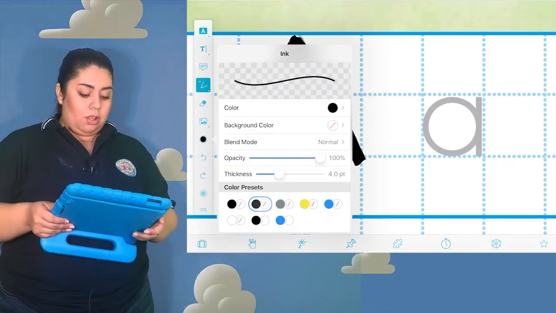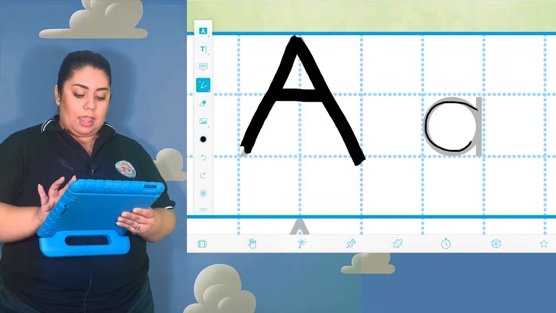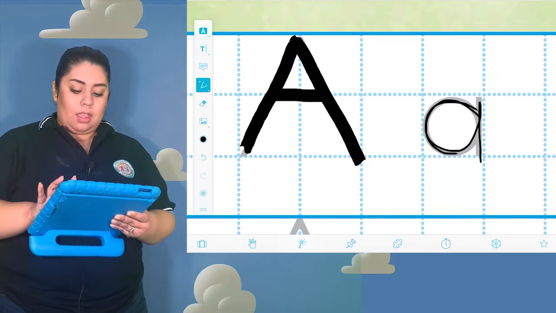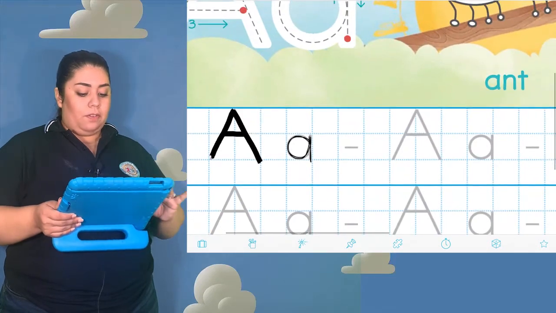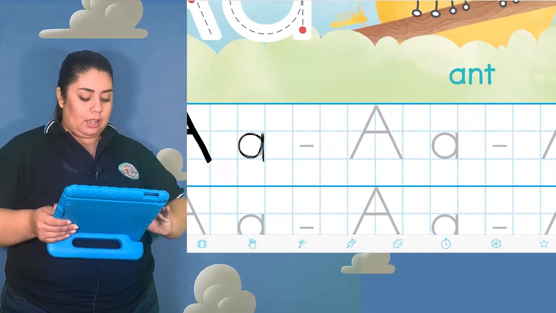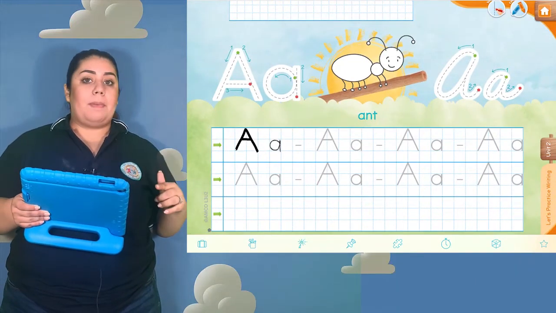Get your pencil and let's do it. A, good. A, like this. Remember, you do the circle first and then the line. Let's do together the first row and then you will do it by yourself.